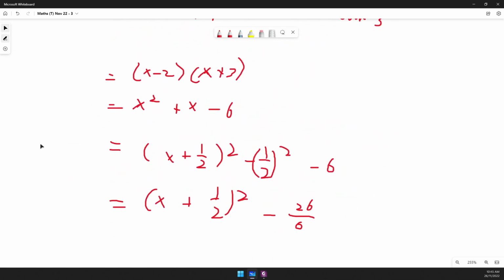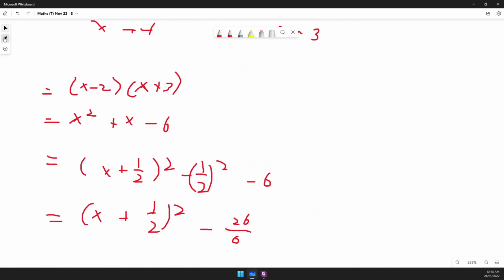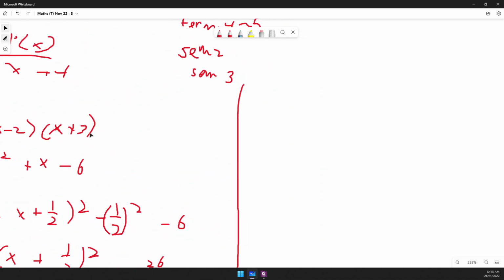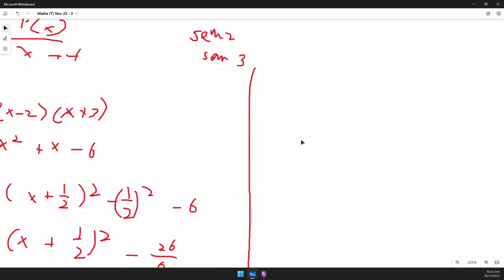If you want to know how to do differentiation, I'll just show you. Let's say they don't mention how to find the minimum point, they just say find the minimum point.